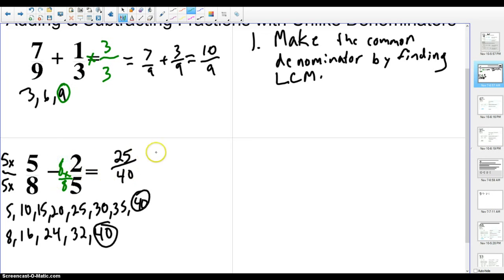So we multiply the top and the bottom by 8, and we subtract, because this problem is subtraction, we subtract that answer from 25/40ths. So we have 16 over 40. And just like before, our bottom stays the same, and we subtract our top. So 25 minus 16 is 9.